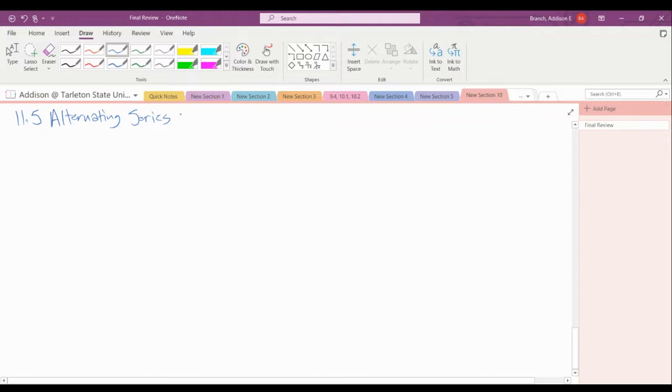All right, so alternating series, it's what it sounds like. Alternating series are going to bounce back and forth between positive and negative terms.